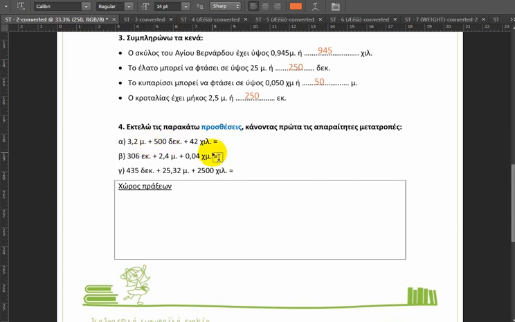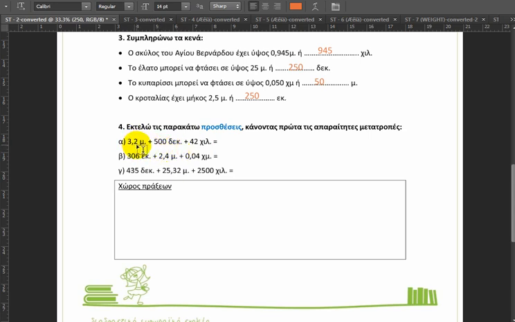Next up, we want to do these additions. So basically, before we can add these, we've done exercises like this, both in 5th and 4th and 3rd grade. So if we want to add these together, we first have to turn them all into the same unit of measurement. So let's just say that I turn them all into millimeters, because that's the easiest to do. How would I do that?